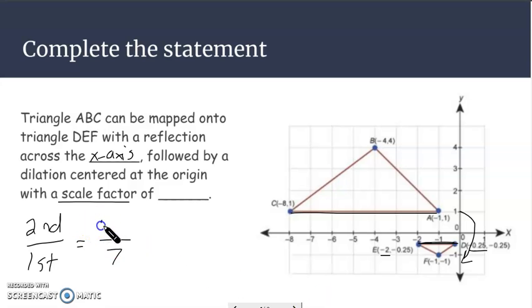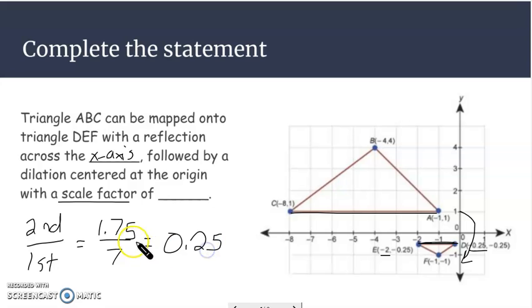That is a distance of 1.75. And if we take 1.75 and divide it by 7, you can do that in the calculator, we get 0.25, also known as 1/4.